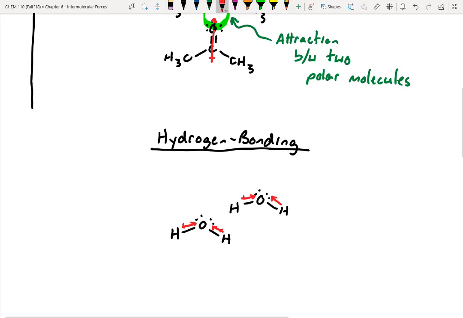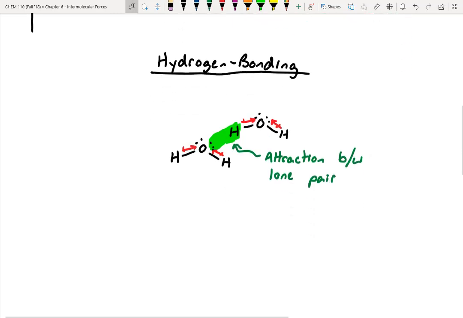So there's a very strong net dipole. But what ends up happening here is an attractive force between this lone pair on one of the water molecules and a hydrogen. So it's attraction between a lone pair and a hydrogen that is on the F, O, or N.